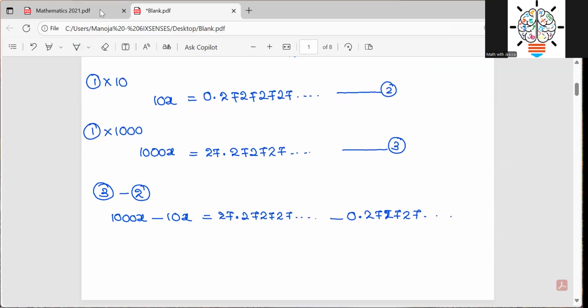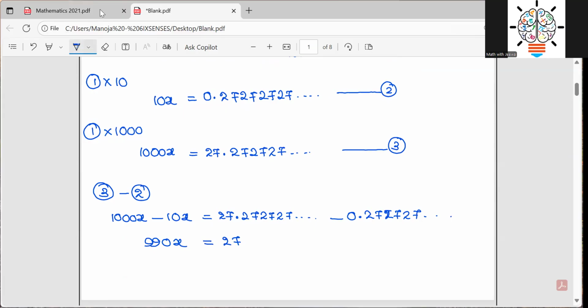What will be the answer, children? This becomes 990x, and this becomes 27. So x is equal to 27 over 990, and I can simplify this. I divide by 9, and it gives me 3 over 110.